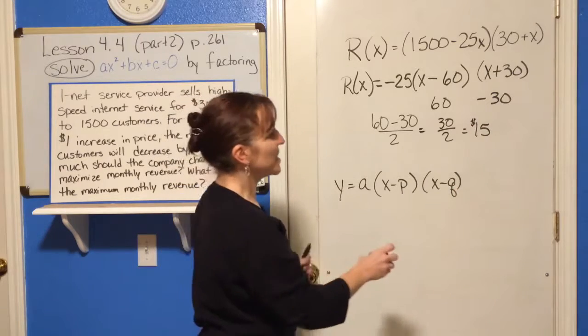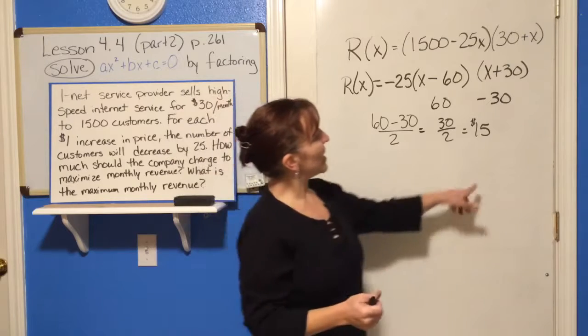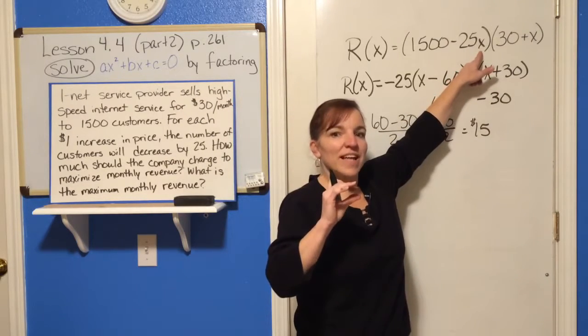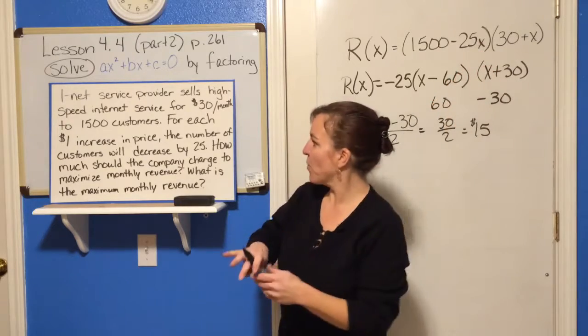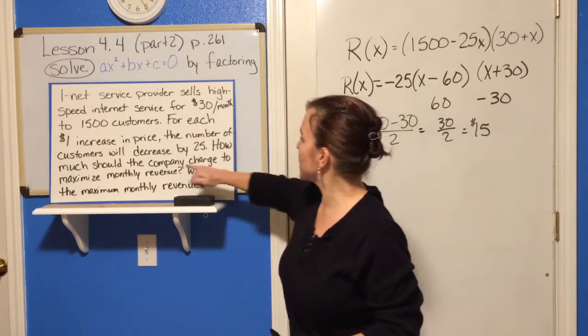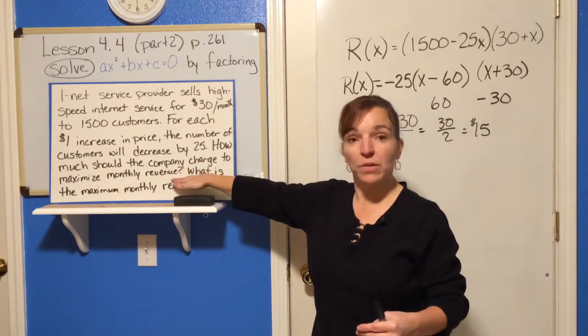What does that represent? Is that our final answer? $15 is our X, the number of dollars we added. Is that part of our problem? Now we go back to the problem and find out what we're being asked: how much should the company charge to maximize monthly revenue?